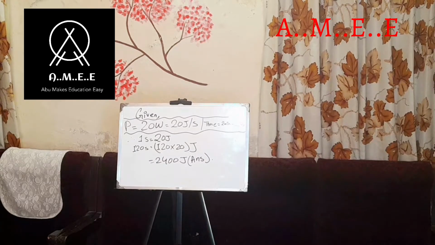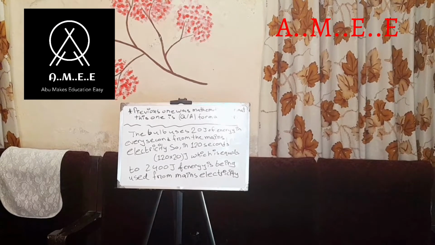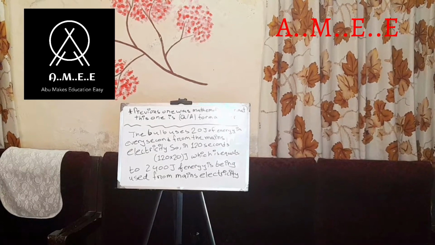Now I am going to write the question answer form answer. As you guys are seeing, I have given a chart and wrote that the previous one was mathematical format, this one is QA question answer form, and given a wave there. You don't need to write that.